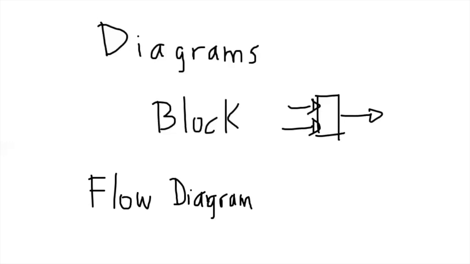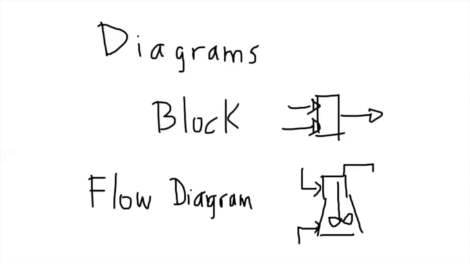So let's say that you have a mixer, right? Probably you can say this is a tank, and you have the mixer. And you also are going to state that there are some inputs and there will be an output.